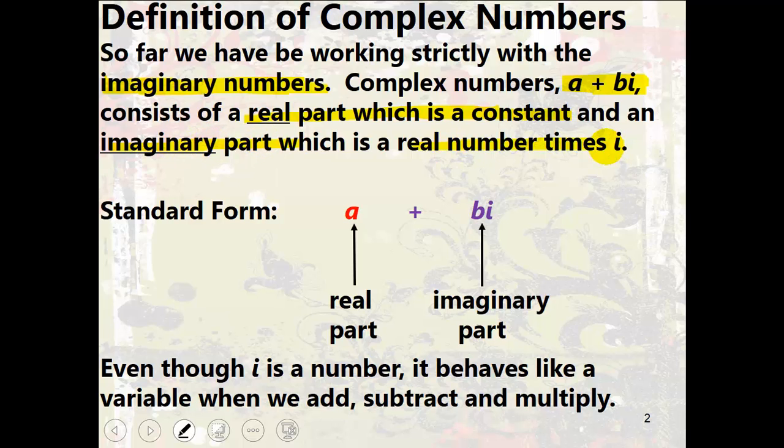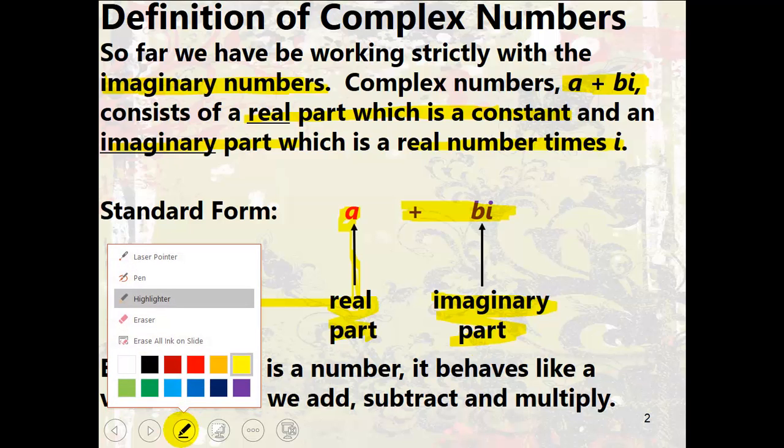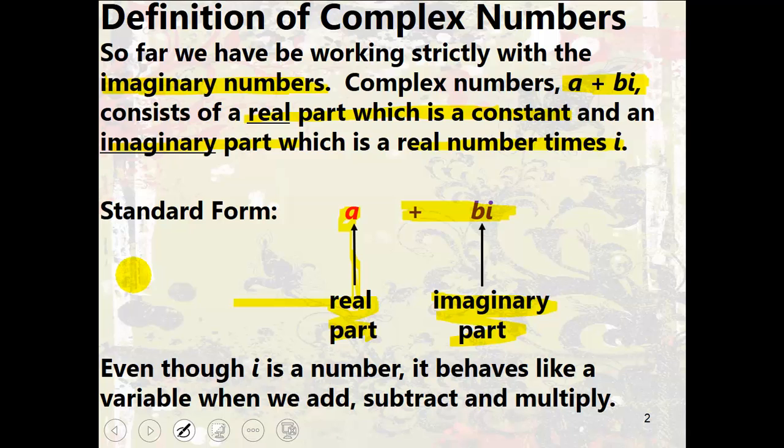So in standard form, the real part comes first. That's what we call a. It's the real part. And then the second part is the plus bi. That's the imaginary part. Even though b is a real number, because it's multiplied by i, it's part of the imaginary component.